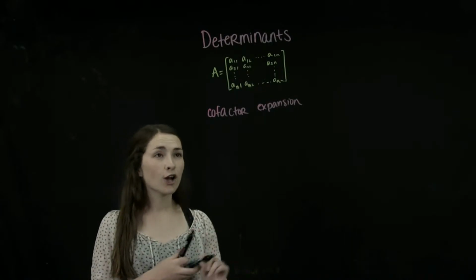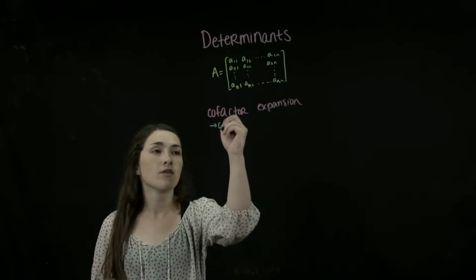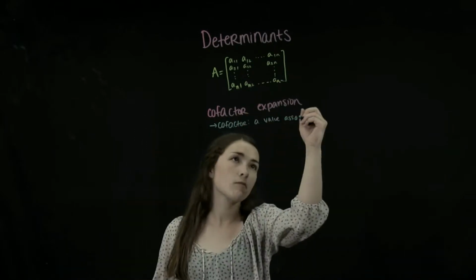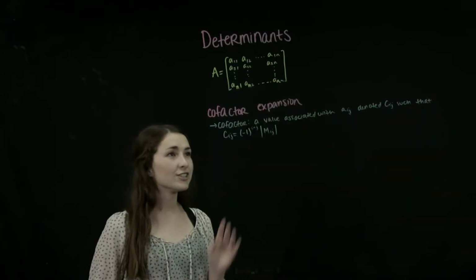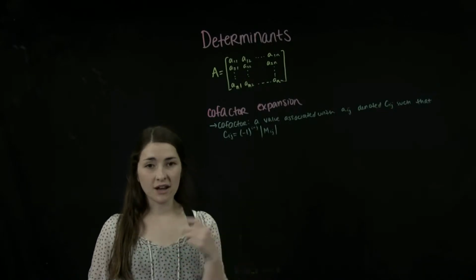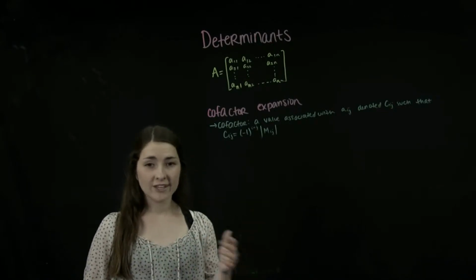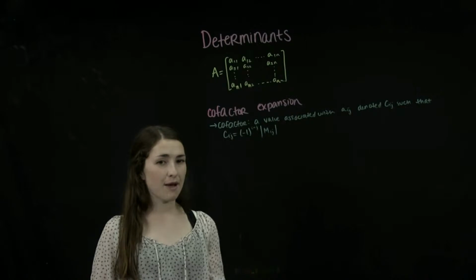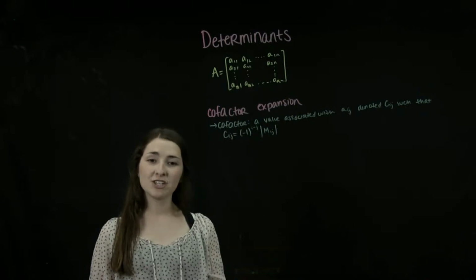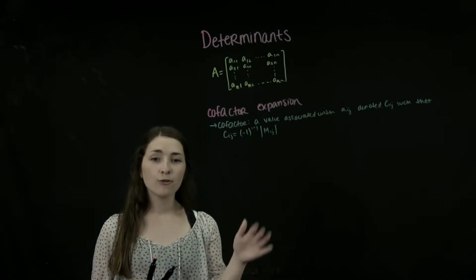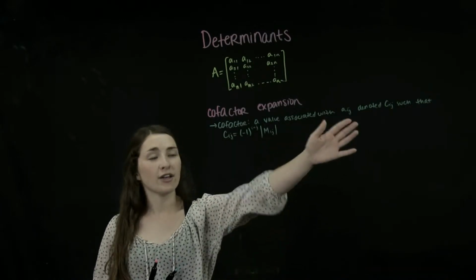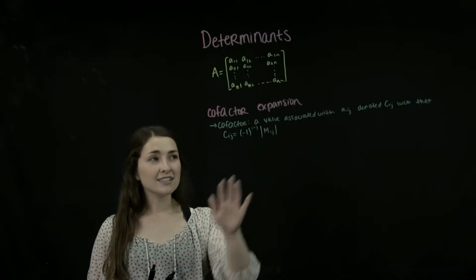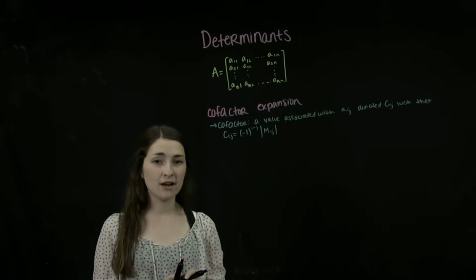So first, our cofactor is this. Our cofactor is a value associated with an element of our matrix, A sub ij, and it's denoted C sub ij. And this C sub ij is equal to -1 raised to the power of the sum of the row and column that A value is in, multiplied by the determinant of our minor.